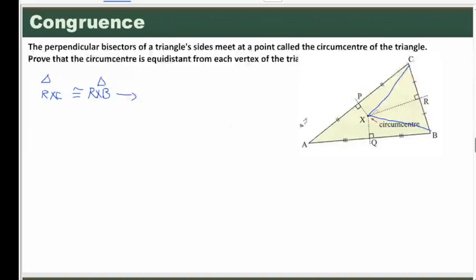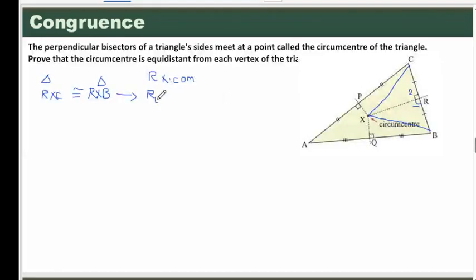To show it, first of all, I say RX equals RX, common. So RX is common, and I write an abbreviation of this word. Here R1 equals R2, let me put 1 and 2.